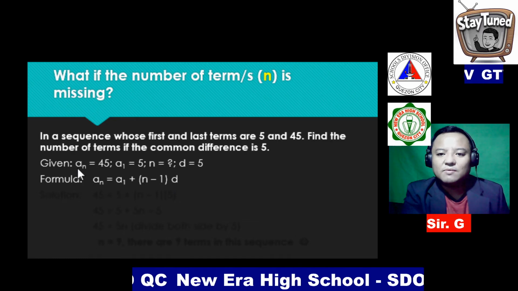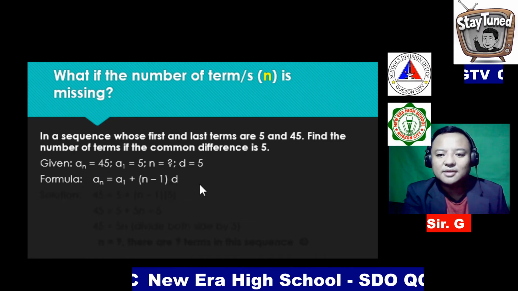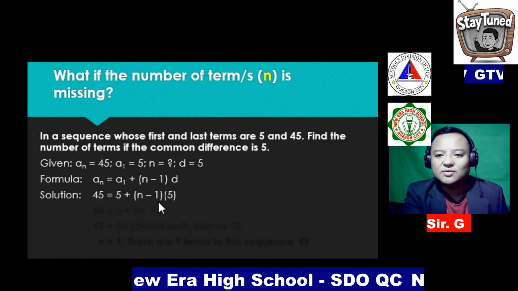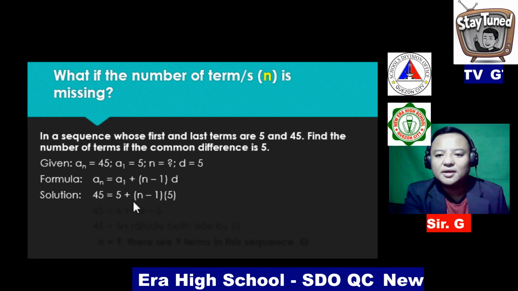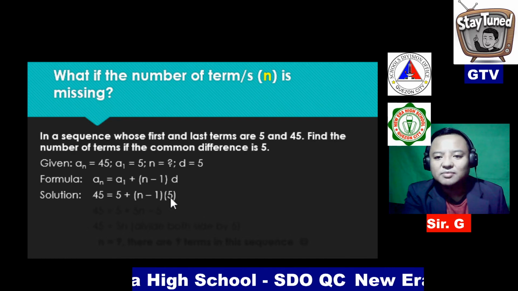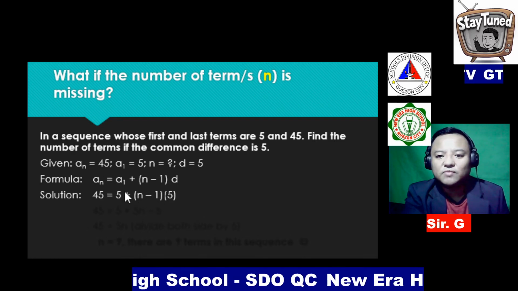Then, we are going to plug in all these values to the formula. So you have 45 equals 5 plus n minus 1 times 5. We are going to multiply this first before anything else.